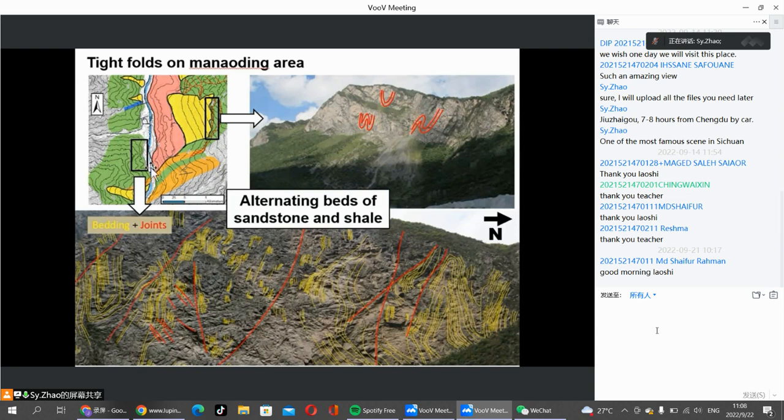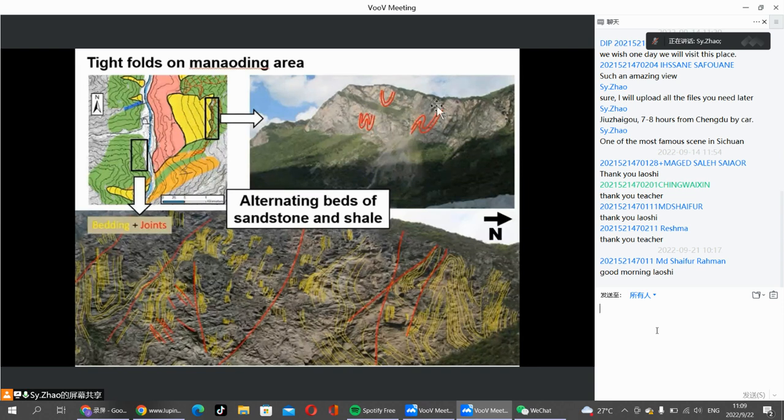Because the scarp is not easy to reach, we chose the outcrop on the opposite bank to reveal the geologic structure features and deduce the structural condition here.